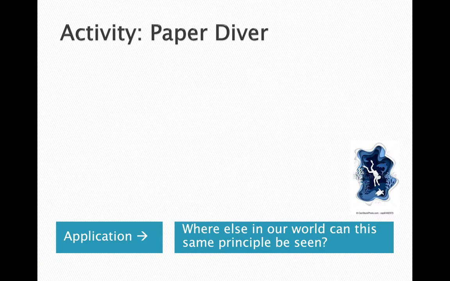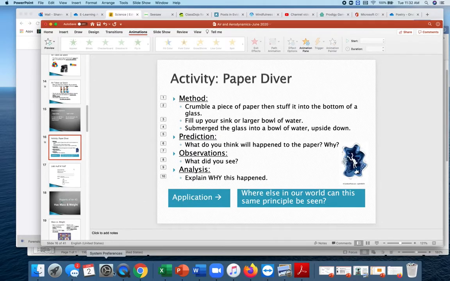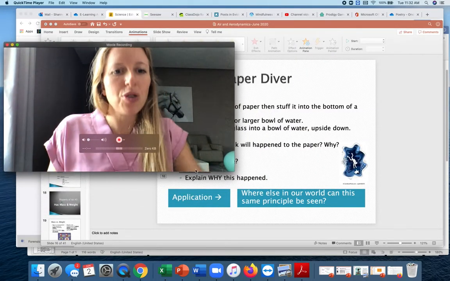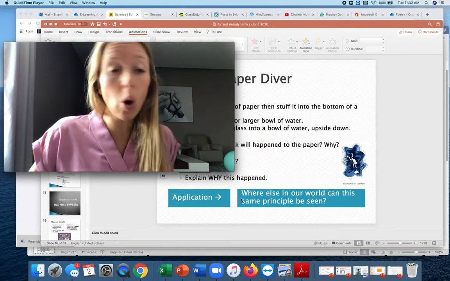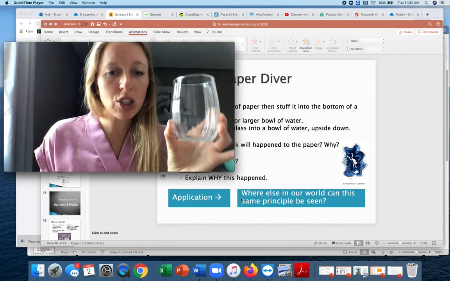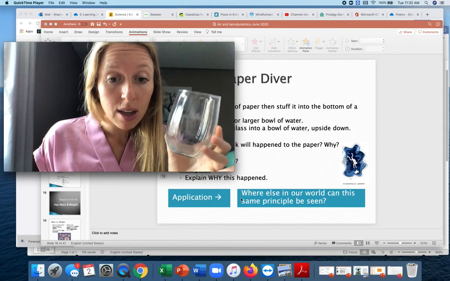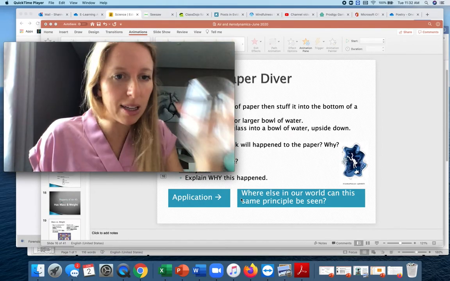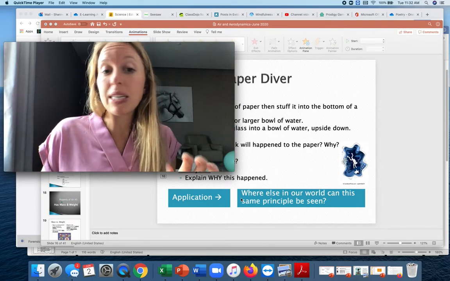First of all, for this activity, you need a couple of very simple home items. One is a glass. I suggest that you use a clear glass, one that you can see through, even if it has little ripples inside. You need a piece of paper.